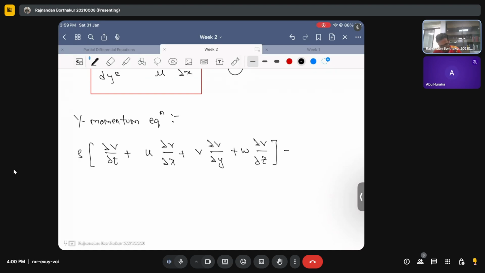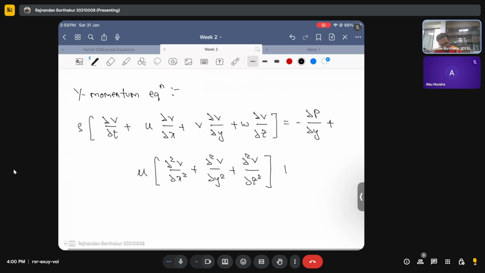And then this is going to be minus del p by del y plus mu times del squared v by del x squared plus del squared v by del y squared plus del squared v by del z squared, plus rho times by, which is the body force in the y direction. Now, if we apply all the assumptions, let's see what we get. We have a steady state, which means this is 0. I don't have any y component of velocity because this is just a uniform flow, which means that v is 0 throughout.